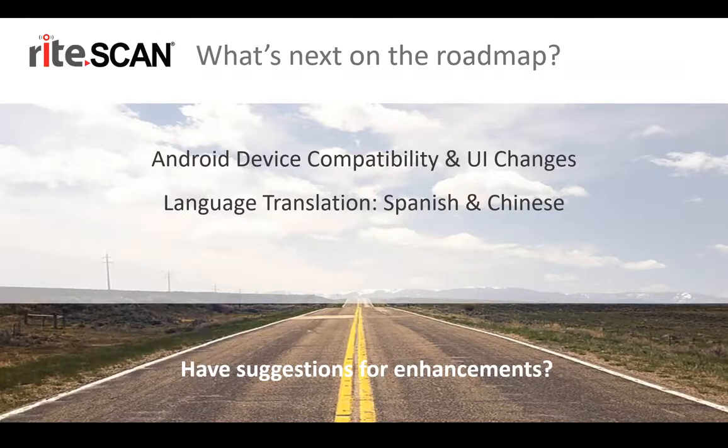So just taking a look at the last 6 months to a year, some of the major enhancements that we've made to riteSCAN, which some of you may be using, some of you may have heard of, or maybe you haven't even heard of some of these enhancements: we've added the pallet tracking functionality, which is a big function. We've added pallet staging. We've added the new order picking module, which is exciting for building out new workflows.